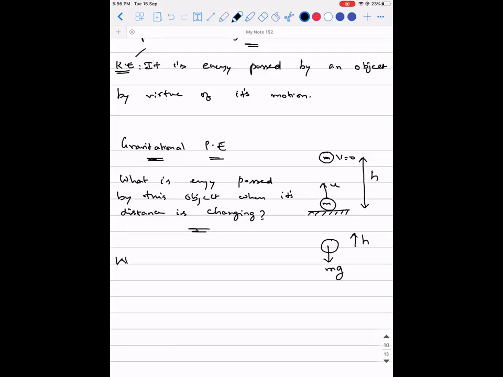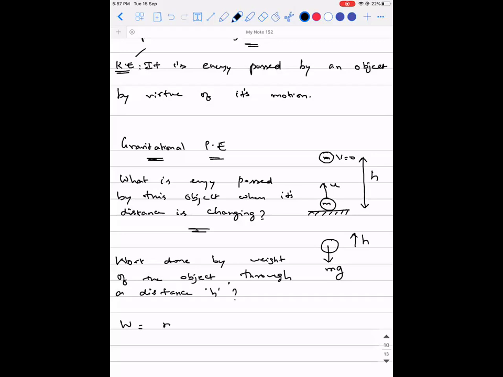So if I ask you a question, what is the work done by the weight of the object through a distance h? mg into h.